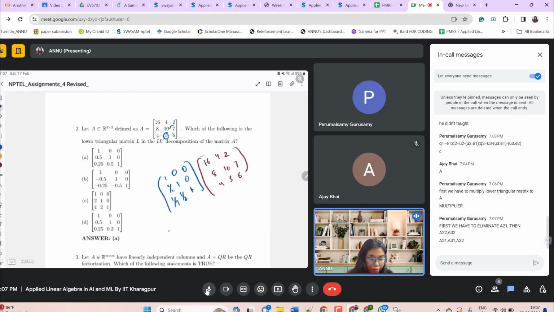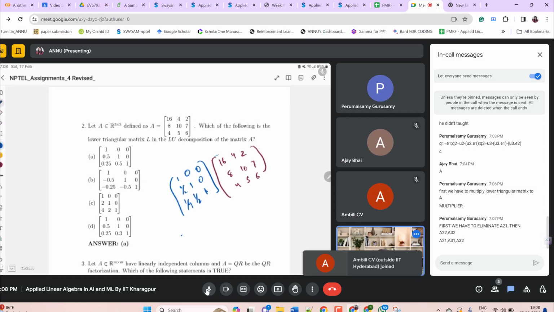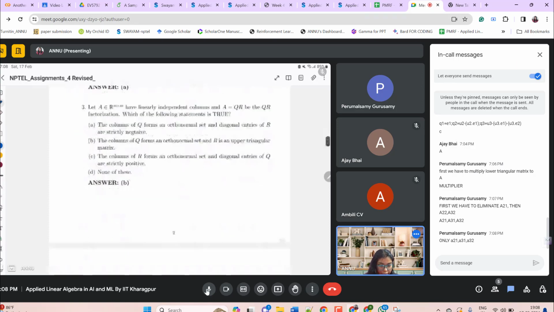No, I think we have to first eliminate this one, then this one, then this one, like that you have to eliminate. Okay, I will check. I don't remember the exact formula for that. But yeah, the answer is A. We will again see this question in the last class.